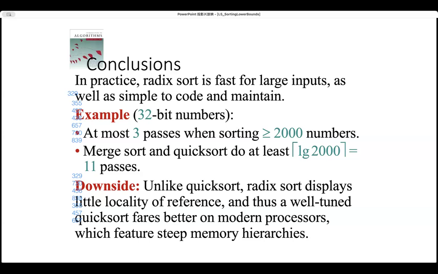But unlike quick sort, radix sort displays little locality of reference. In computer memory, if an algorithm has a good locality of reference, you can use spatial and temporal correlation to tune the performance to make it perform better.